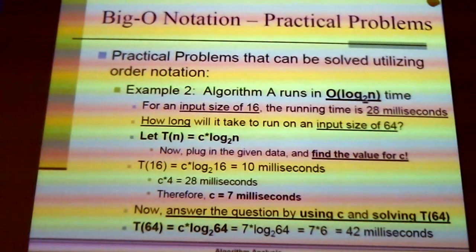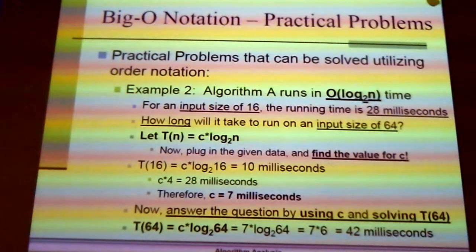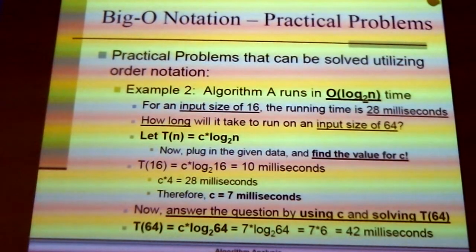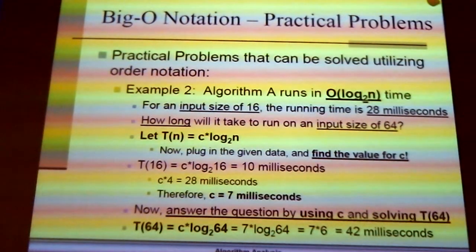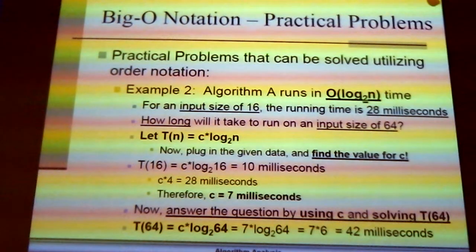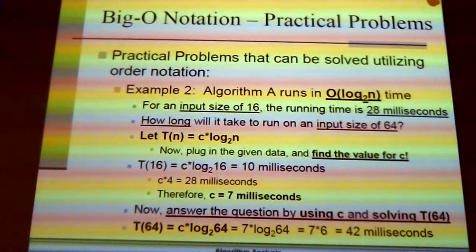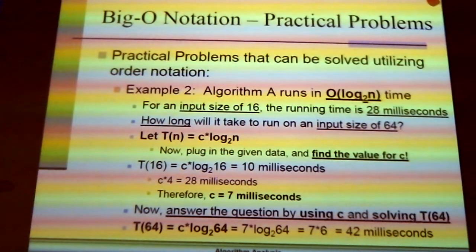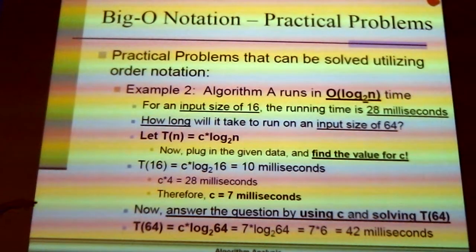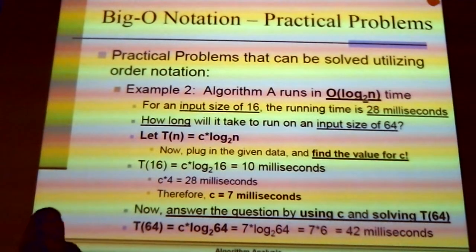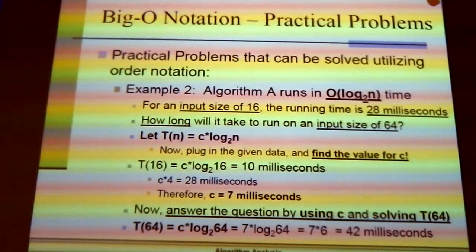Okay, so another problem here. You have an algorithm and it takes log 2n time. We have an input size of 16 and its running time is 28 milliseconds. So what if we had an input size of 64? First we have to solve for our constant, right? Here our big O is log 2n, and then we have our C times that so we can figure out our constant.